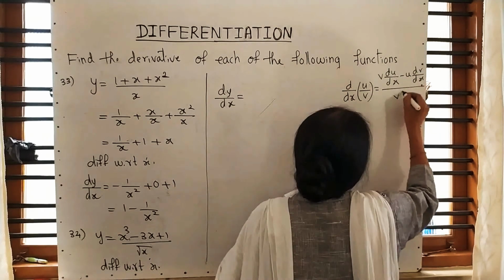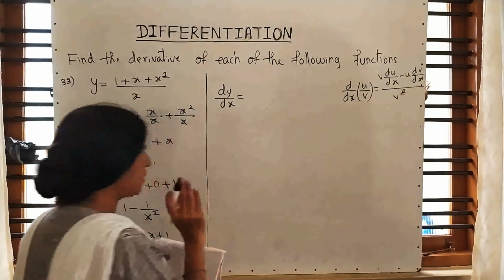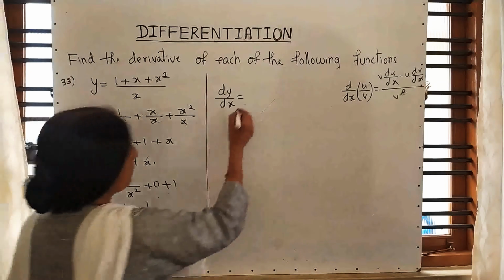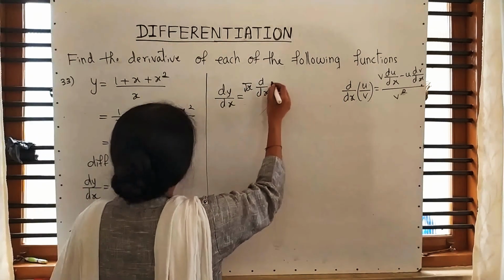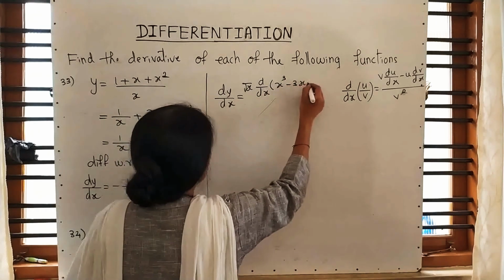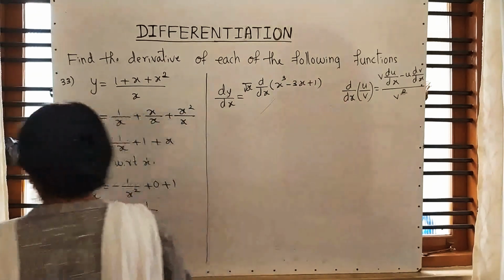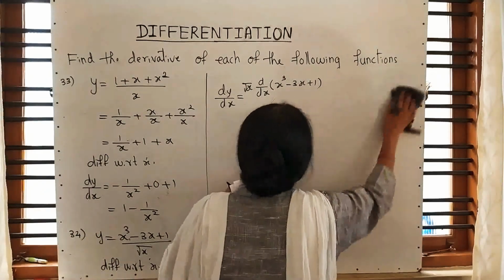This is the formula. So what is v here? V means root x. Root x as it is. Before differentiation there is no change. Please note down that formula.